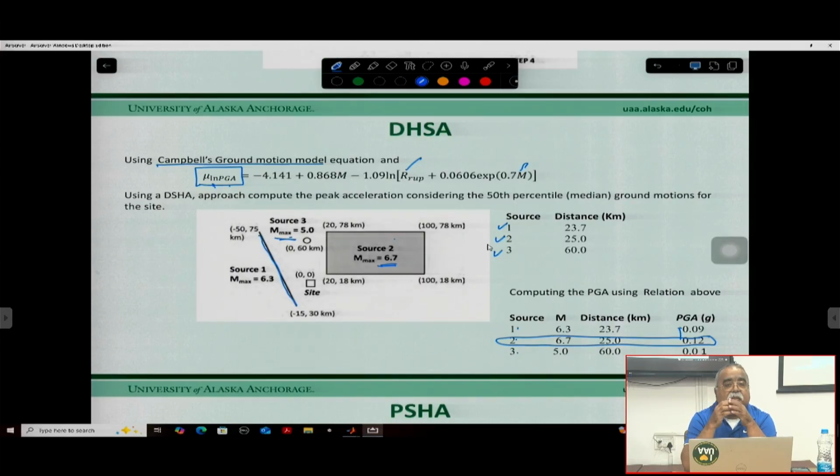Now, if there is no other earthquake available at that site, if we have not recorded anything with the 6.3 magnitude here, then we say, okay, this is your shortest distance, this is my PGA, and you can generate that stochastically, but that's not the intention.